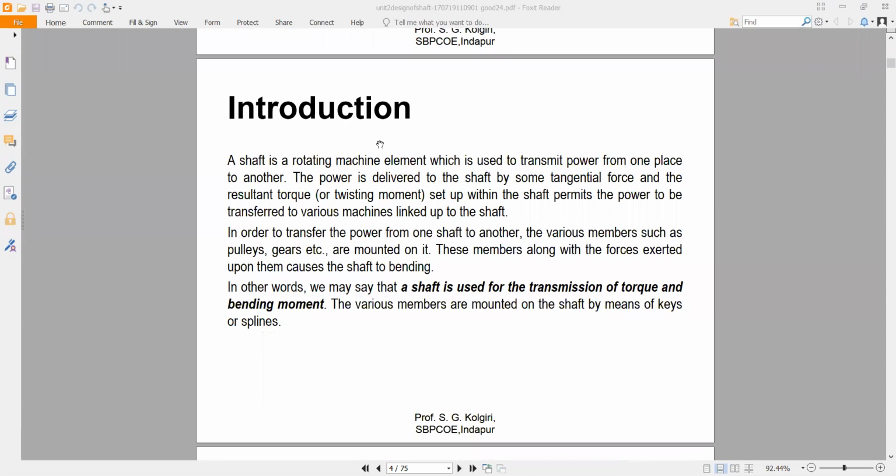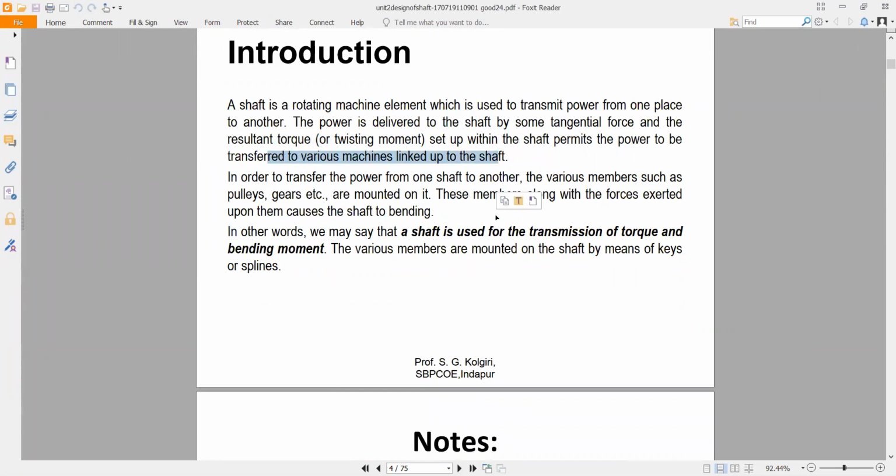So, introduction: the shaft is a rotational element. The main thing is transmitting power from one to another. Normally it is applied by tangent force, resultant force, and so on, with twisting combined in a more complex way. It transfers power to various machines linked to the shaft, from one shaft to another.